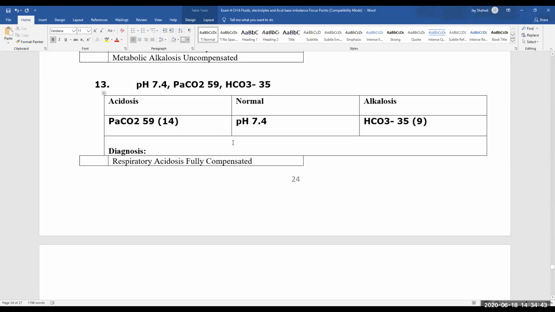This is respiratory alkalosis, actually. Respiratory 7.4. So 59 is acid, and this is this. Yeah, it's respiratory acidosis.